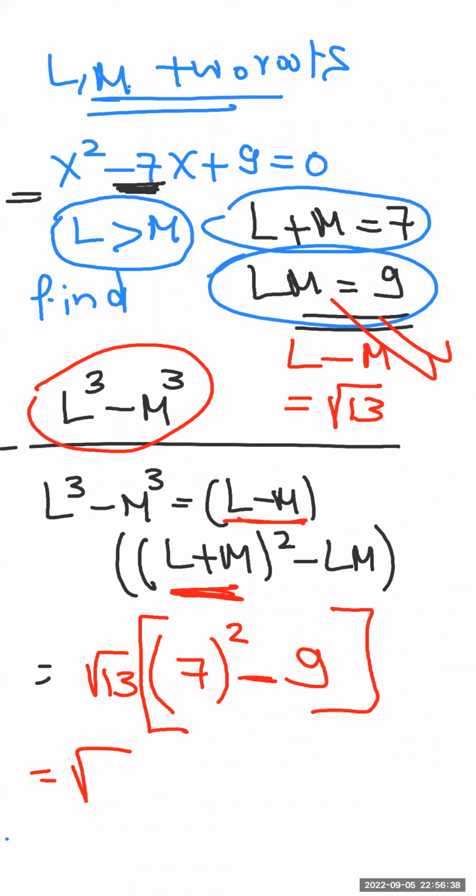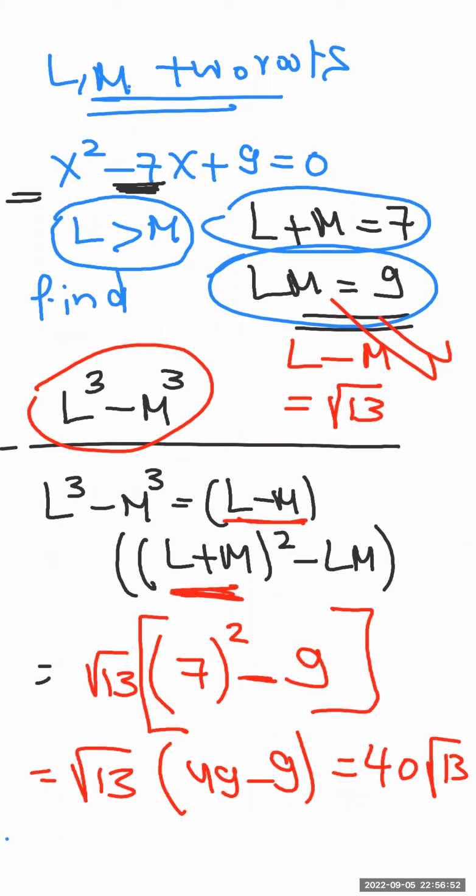So square root of 13, keep the brackets. 7 squared, 49, minus 9, sorry, minus 9. So it will equal 40 square root of 13. Okay. Any questions? No, thanks. Okay, great. One more question.